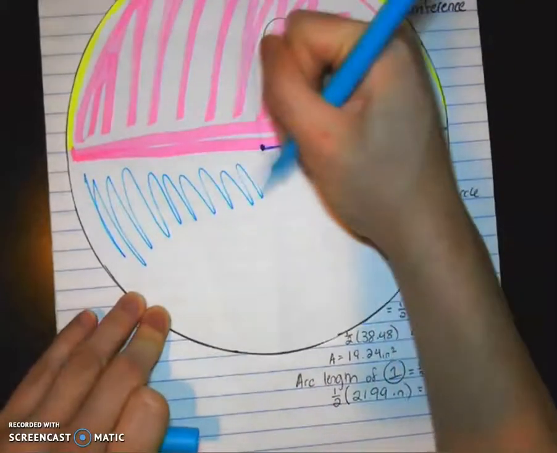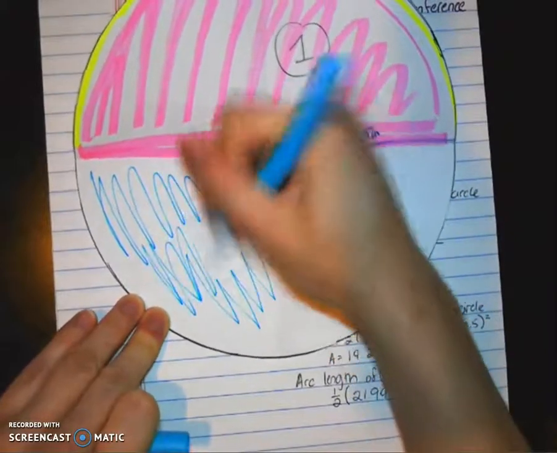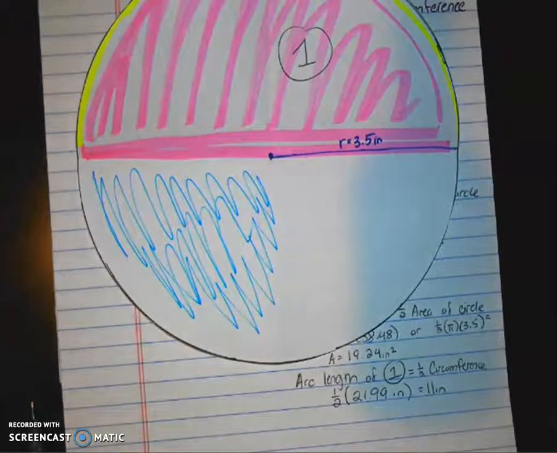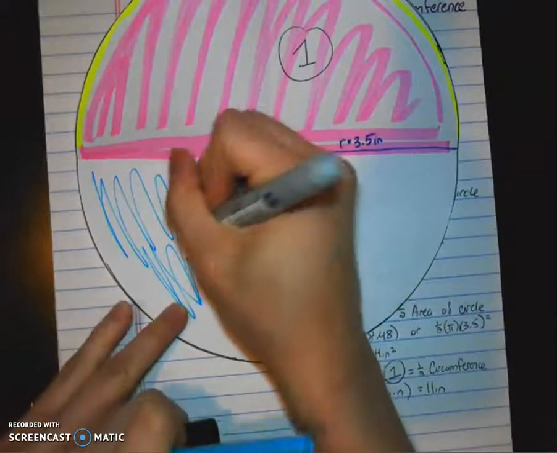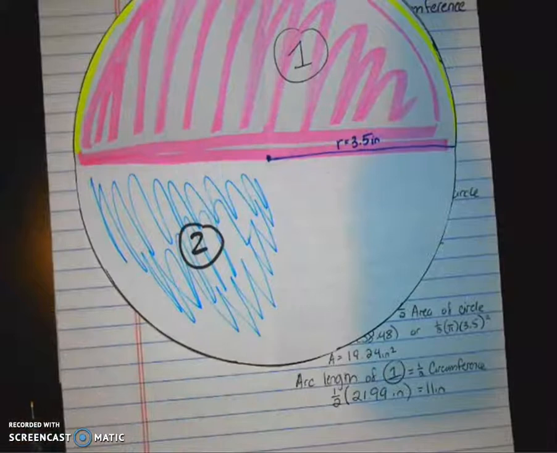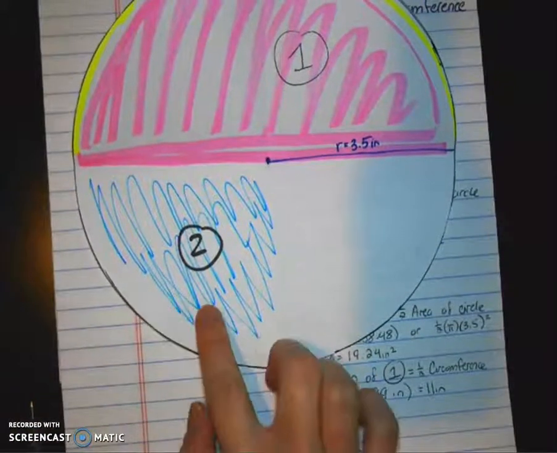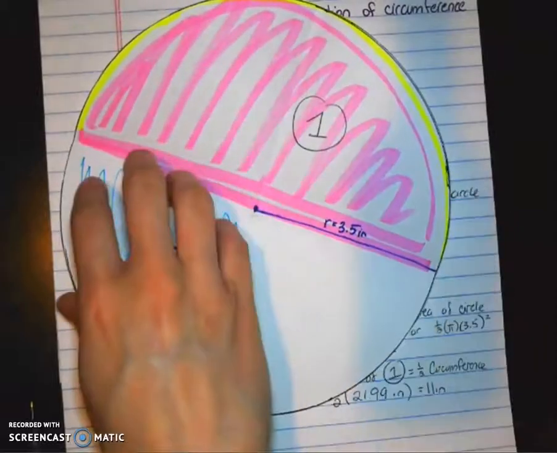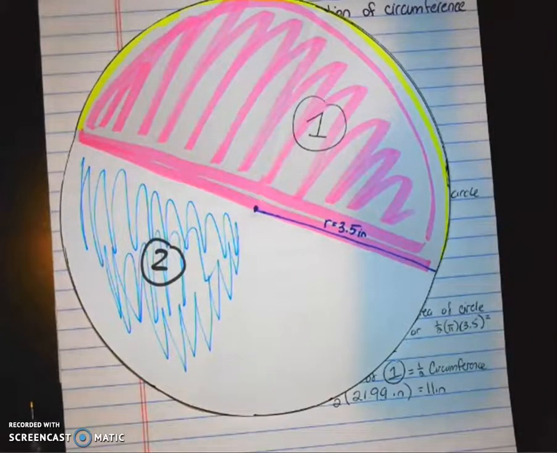It would be like that section right there, and we could label that with A2. Well, how is this area going to compare to the area of the whole circle? Well, this should just be 1/4 of that area.